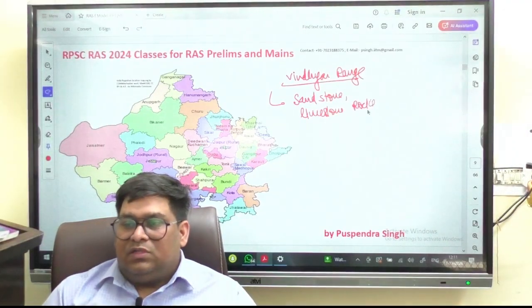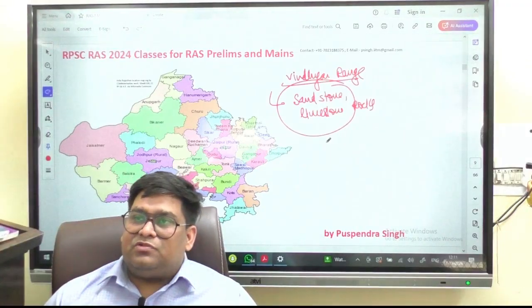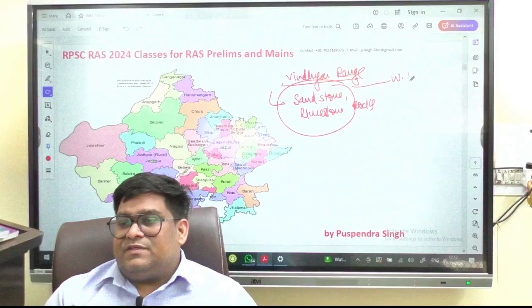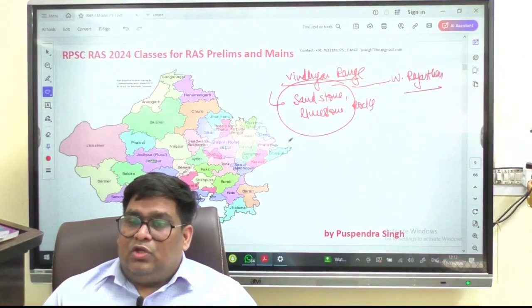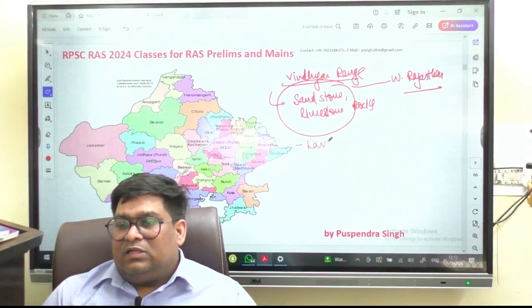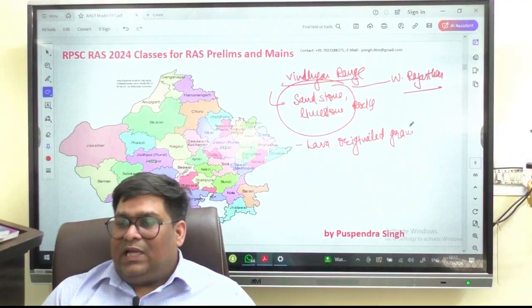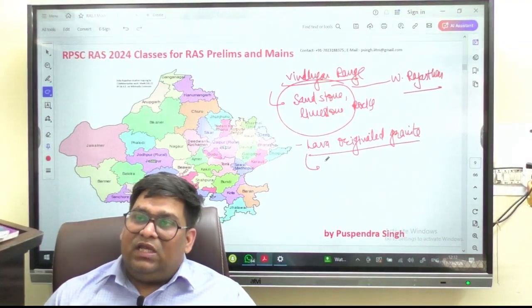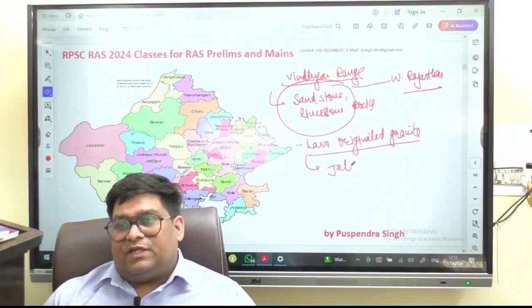These two rocks are most predominant. The largest extent of these rocks is found in western Rajasthan. You would also have lava-originated granite, again a metamorphic rock.